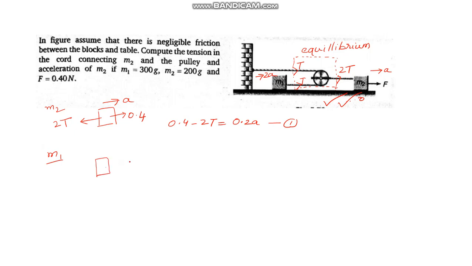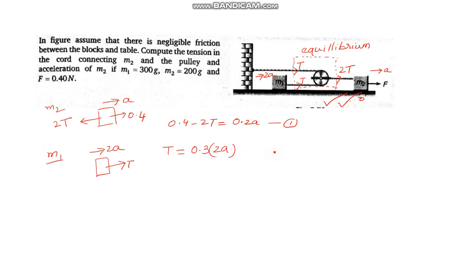Here there is a T force, acceleration is 2A. Alright, so here there is only one force, so T will be equal to mass into acceleration. What is M1 mass? 300 grams. We have to write in kgs, it is 0.3 into 2A.